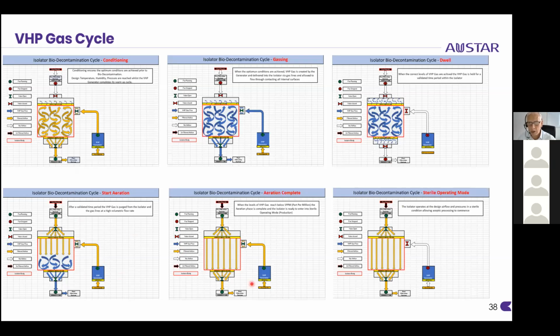And once we've completed the aeration cycle, we can then move forward into production. So we'd go into a sterile operating mode. If there was any bacteria inside here at this stage, by going through this cycle, it will remove all of the bacteria from inside that isolator. So you can now do your aseptic processing without any risk to the product.